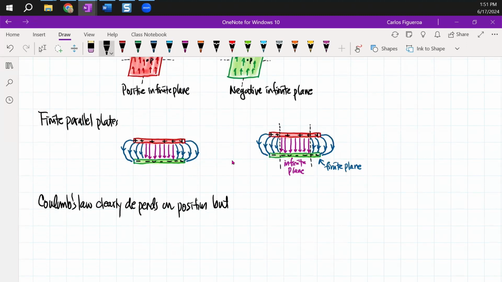But the infinite plane does not. The question is why? So to answer this, I want to go through a thought experiment. And it is a super cool thought experiment.